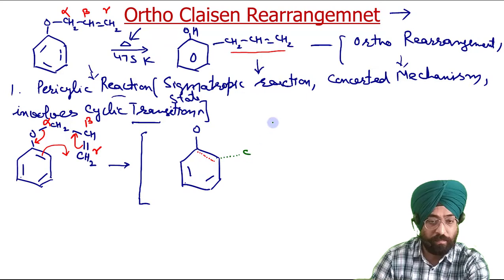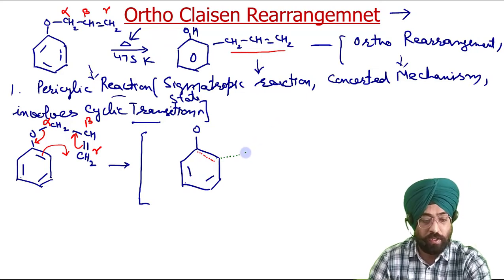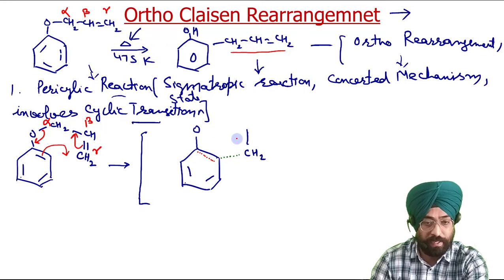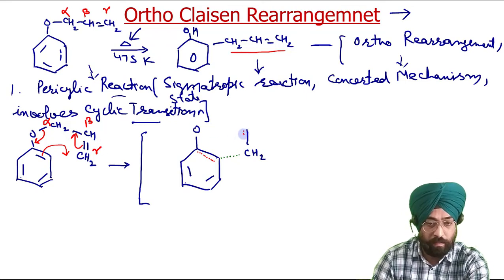So this CH2, CH2. Now here there is no change. Now this bond is getting cleaved, so we will show by red color. Yes, now it is your CH. Now this bond is getting formed.